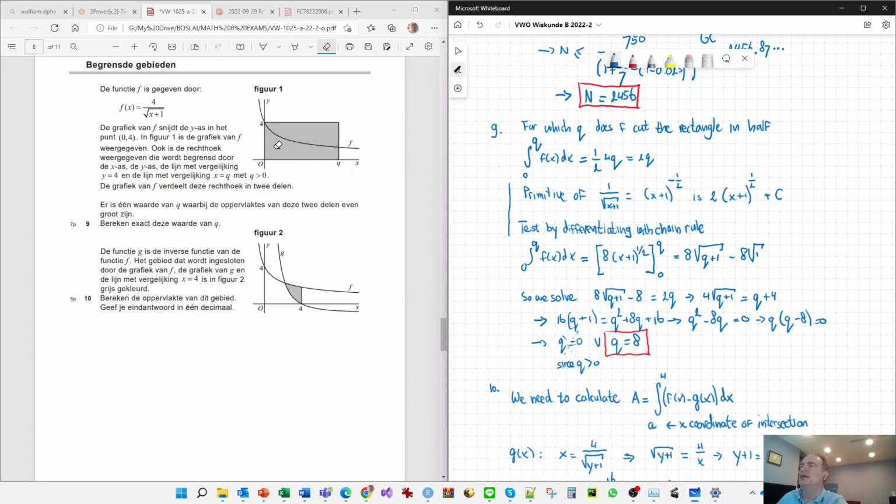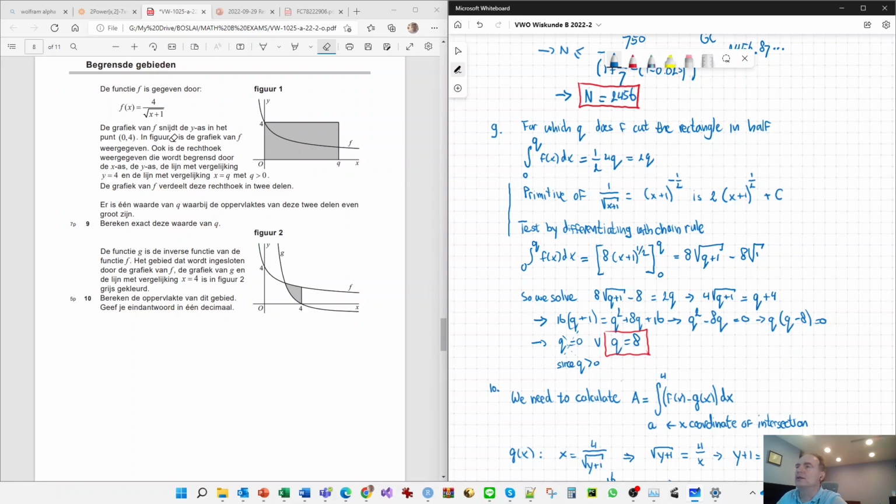And then that area has to be half of the area of the rectangle with size q, which is 1/2 times 4 times q, so it's 2q. So the integral here has to be equal to q. And note that the q also enters the left-hand side here.